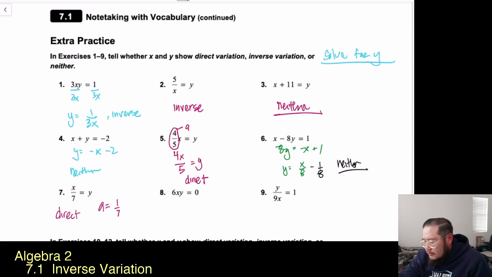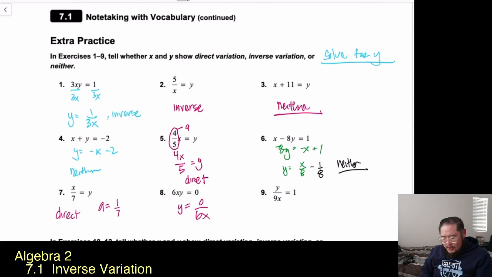Next up, we look at number 8. We get y by itself. Y is equal to 0 over 6x. It looks very close right here to being possibly direct variation. But we have 0 in our numerator. It won't matter what's in our denominator because we're going to end up with 0. Right? So that's going to be a problem unless x happens to be equal to 0.